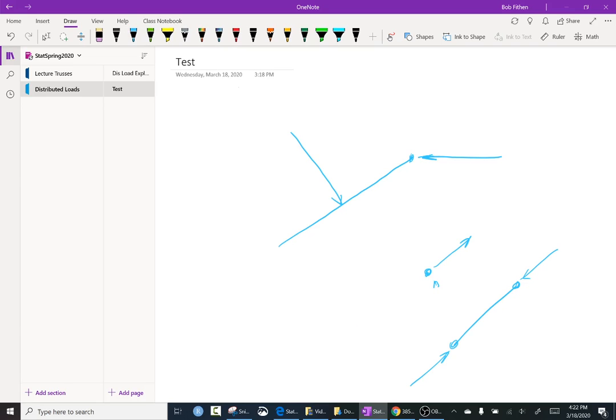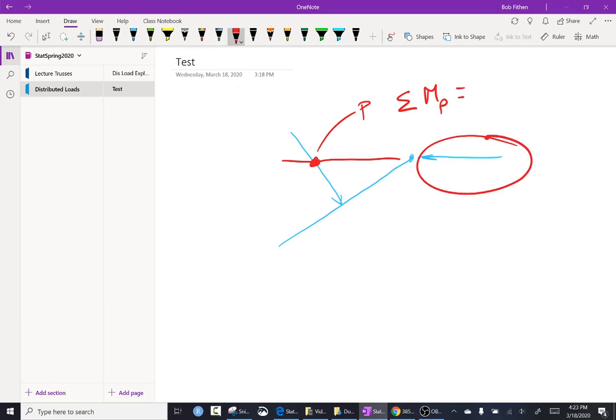Now, as it turns out, in the structure we have exactly this. So if we find a common place to sum the moments about, if I pick this point, an arbitrary created point, say P, and I sum the moments about P, what I'll determine is this force produces no moment about P. Neither does this force. So those two forces don't create a moment about P. So this means that this force has to go right through P as well.